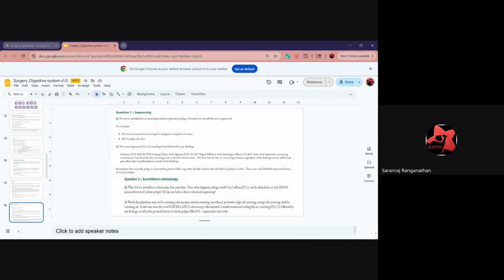In this case, since the word surveillance colonoscopy is documented, I would recommend coding the screening followed by any findings as well as personal history of the colonic polyp. Which means once treatment is done and in case they are doing that screening, the screening code should be primary, then followed by the history code we have to use. That only they are telling.